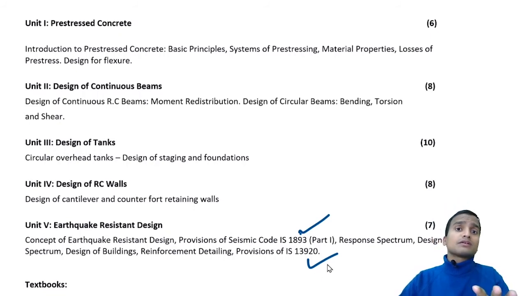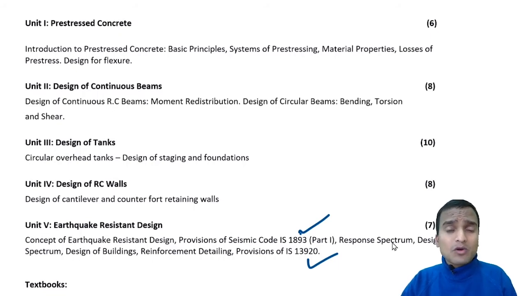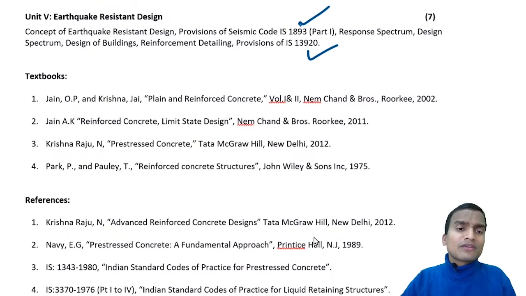We can't make a structure completely earthquake proof, it is hypothetical, but we can provide certain provisions in the structure elements so that they become earthquake resistant, more elastic and strong also. So here we will discuss response spectrum, design of buildings, and different special reinforcement detailing based on the IS codes.